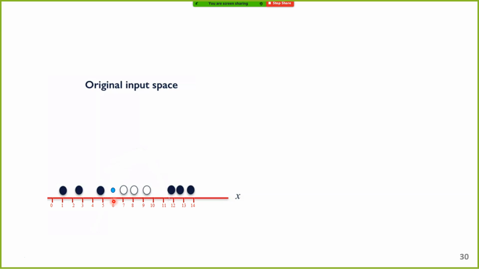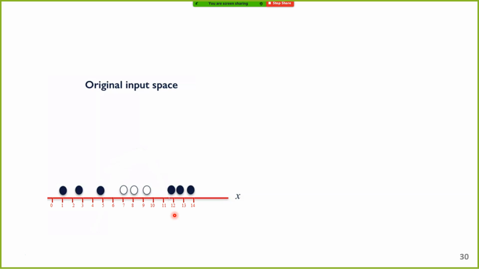We cannot say that all new points for which x is less than 6 we call black, and for all x greater than 6 we classify in the white category. This is not how we can do it. We cannot also place our decision boundary here, because this would do a lot of misclassification. So how do we overcome this problem?